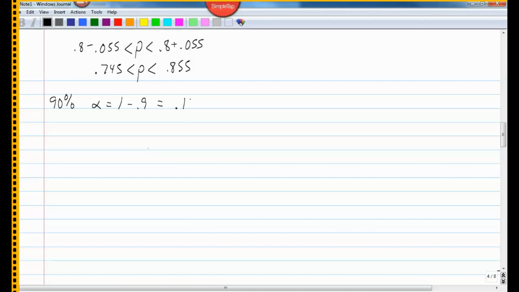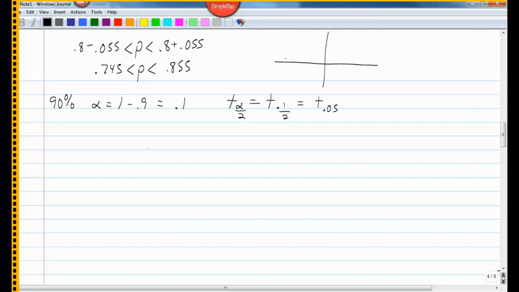Now, if we're looking for z sub alpha over 2, that means we want the critical t-score, t sub 0.1 divided by 2. Remember, by dividing by 2, we're getting the area in one tail. So that would be t sub 0.05, just like with the z-score, that's the area in one tail.